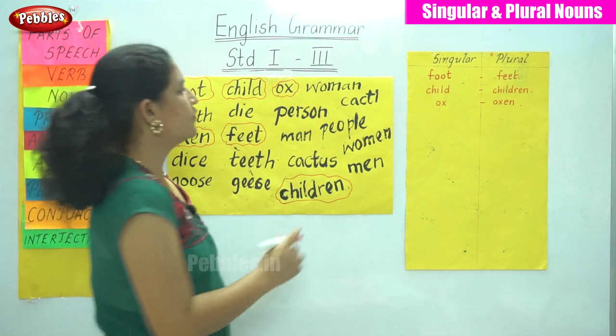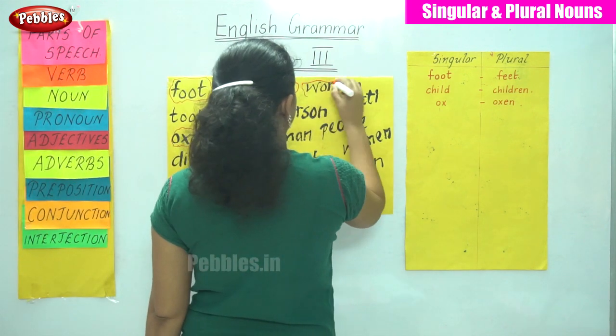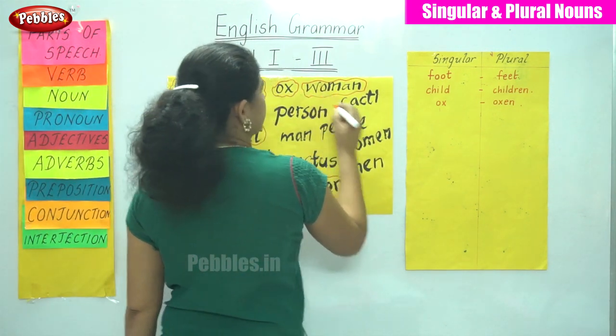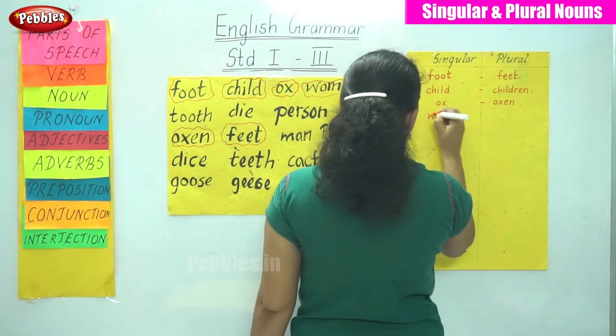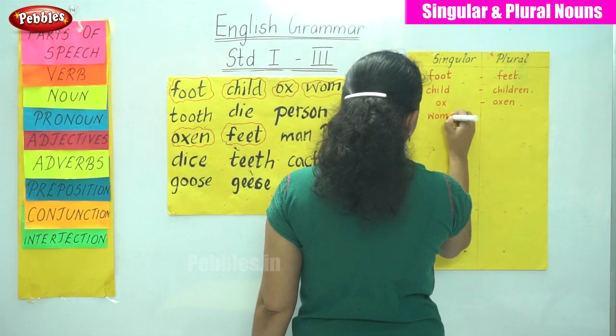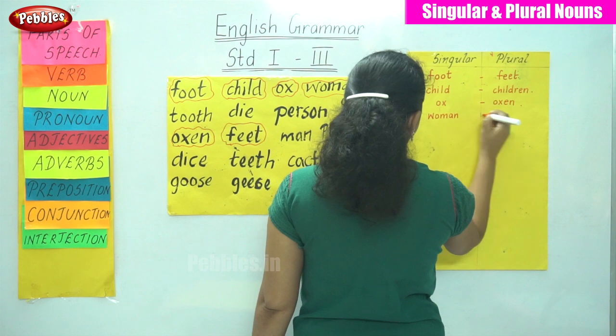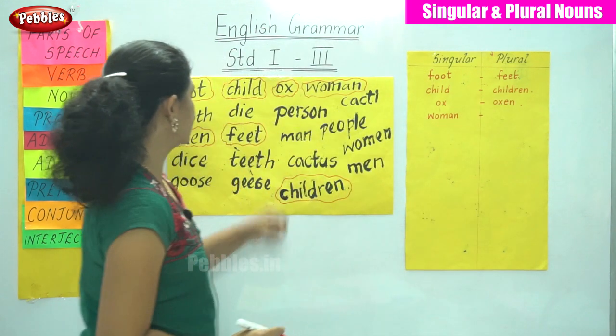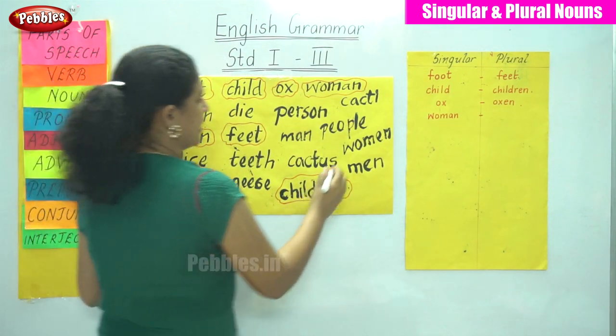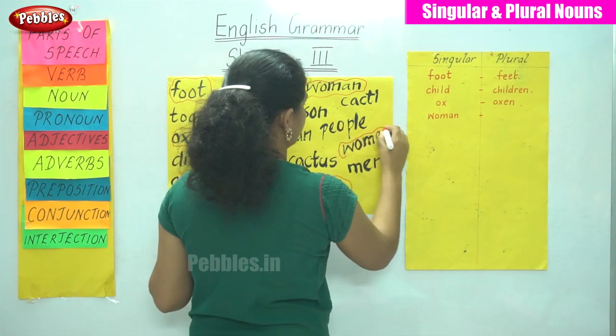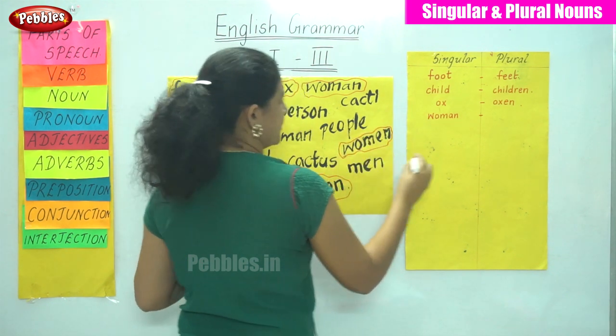The next word woman is singular. So I have the word woman. And the plural for woman is women. So I have the word women.